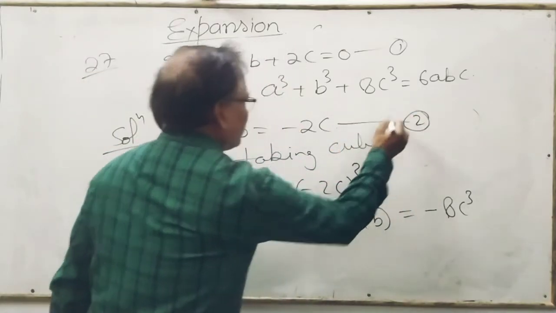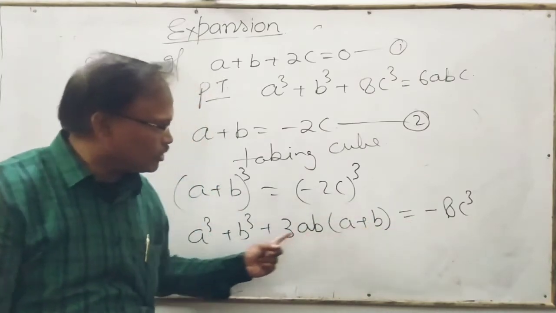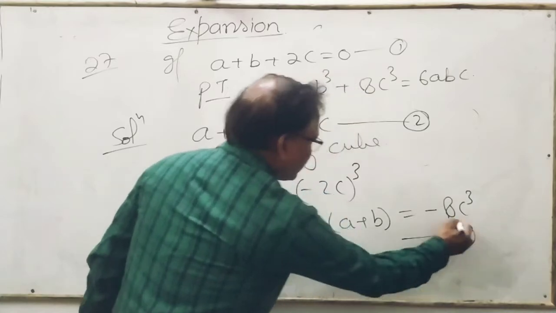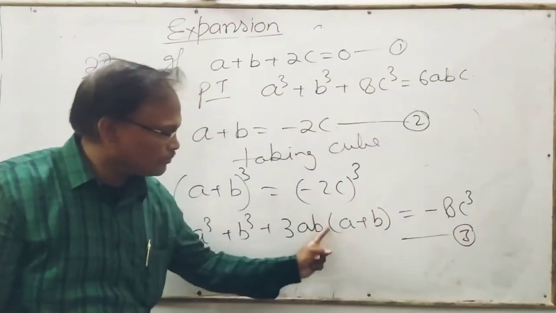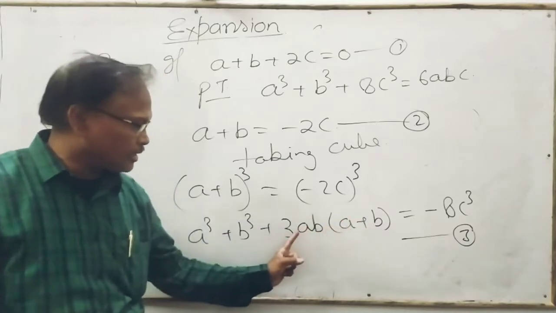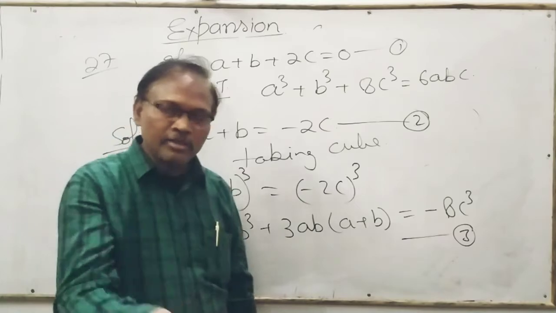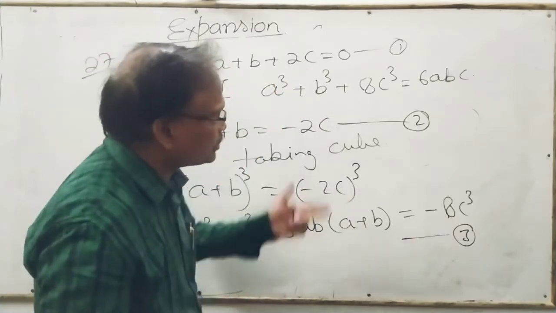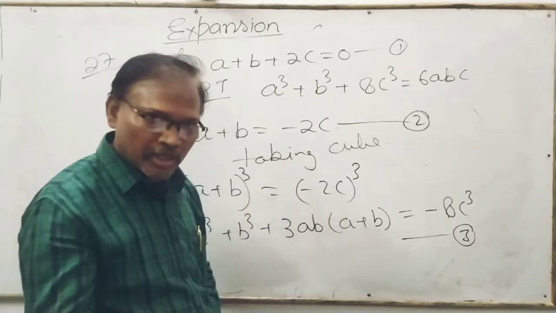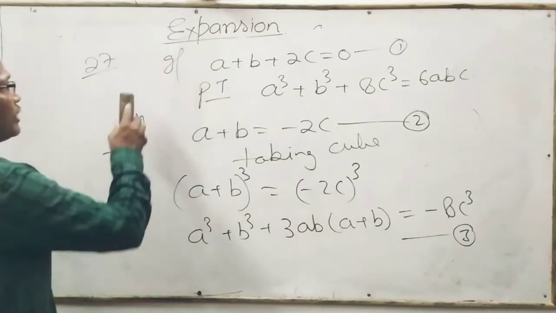In this equation number 2, can you put the value, and in equation number 3, can you put the value of a plus b is equal to minus 2c here? Why? Because if we put this then you will get the 6abc. So in this case you have to think, you have to see the questions, you use your brain, apply your thinking power, then you will get.